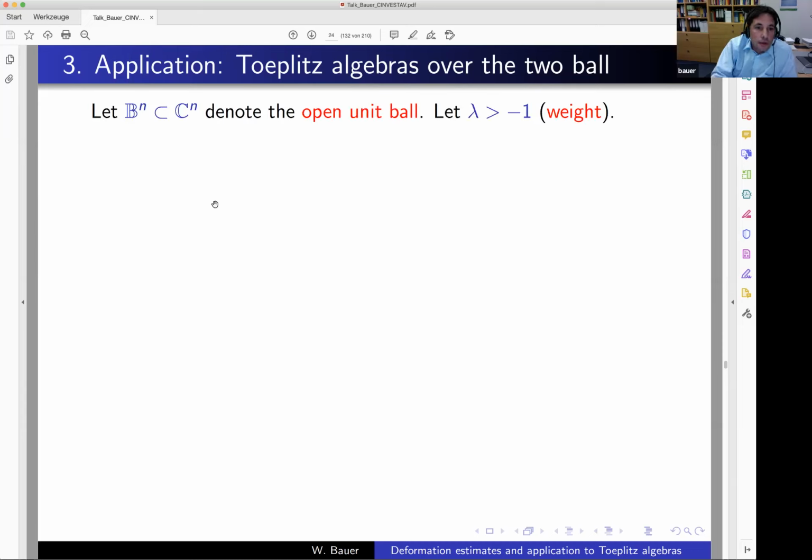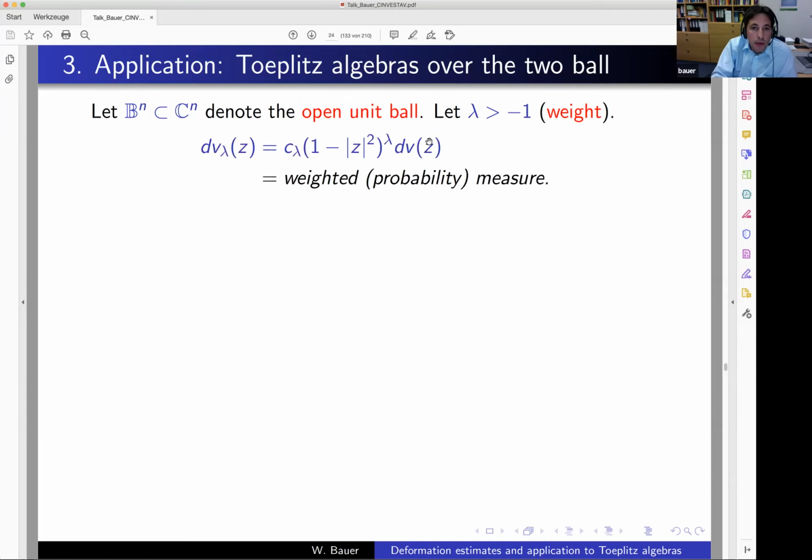So just to set up everything, I want to give a definition. I look at B_n. This should be the open unit ball in C^n. And I look at the weight parameter lambda, as usual, bigger than -1. And now I form a family of measures similar to these Gaussian measures, but now these are measures on B_n, and we saw them also in the previous talk already.